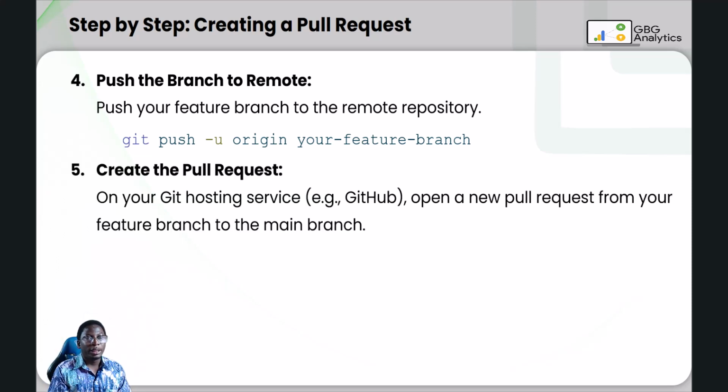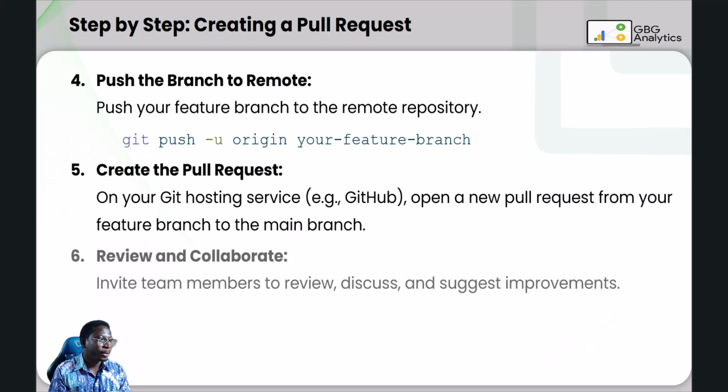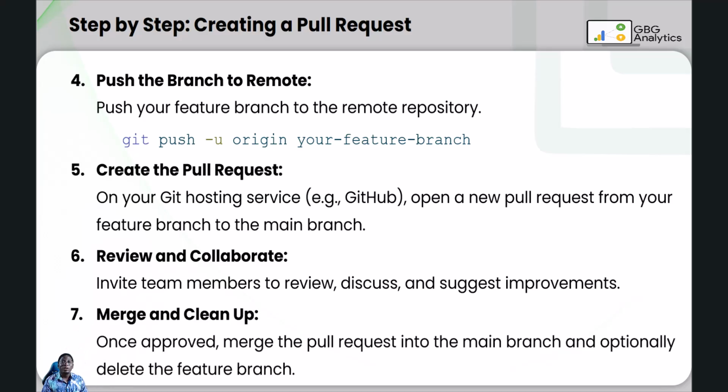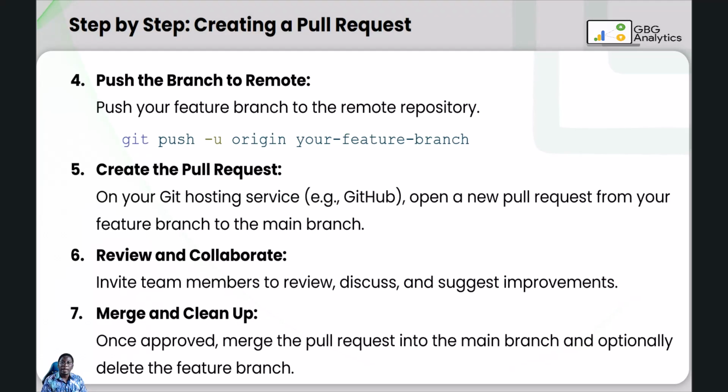Then you visit the GitHub repository to create a new pull request from your feature branch to the main branch. Then after that, a team member will review your code. You can also discuss together and suggest improvements. Once your pull request is approved, then you merge the pull request into the main branch and optionally delete the feature branch that you have created.